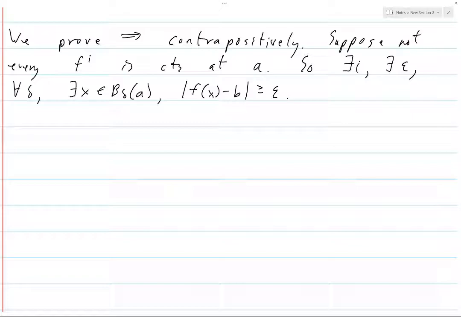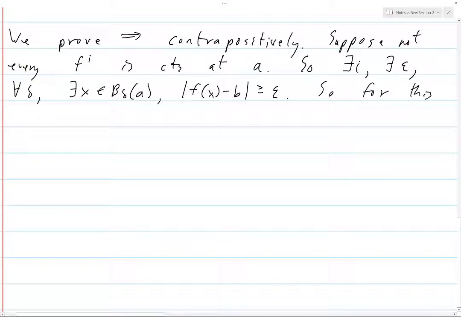But anyways, okay, so we suppose there exists an i and an epsilon such that no matter what delta you choose, there is going to be a point in that delta ball which gives you this inequality. So what does that mean in terms of what we're trying to prove?